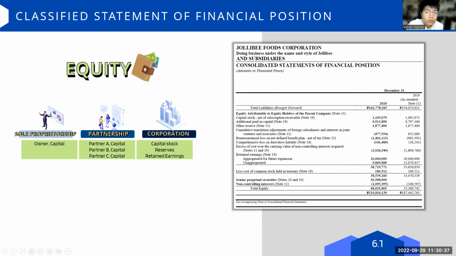In 99.2, you'll talk about partnerships and corporations, right? So just take note that the equity portion changes depending on the business type. If sole prop, it's owner's capital. If it's partnership, different capitals based on the partners. And the corporation, you have capital stock and then reserves and retained earnings.